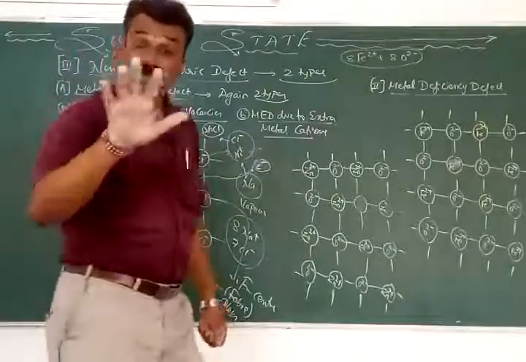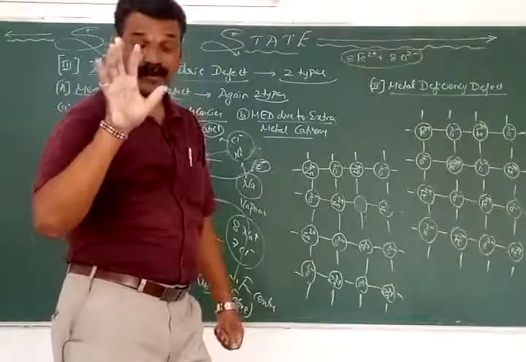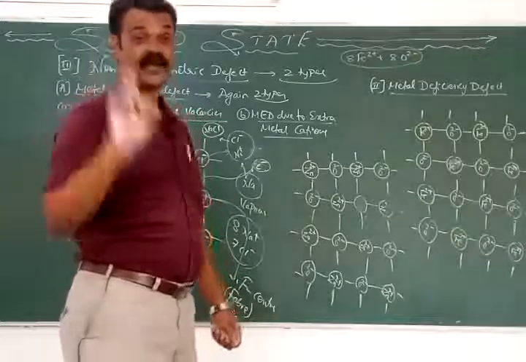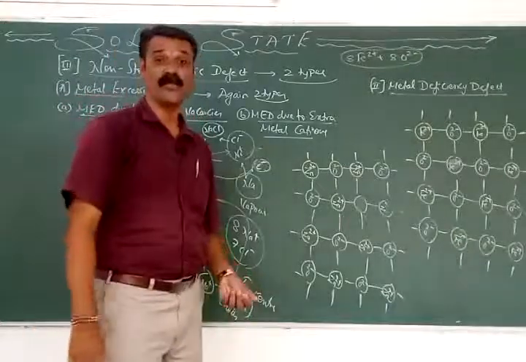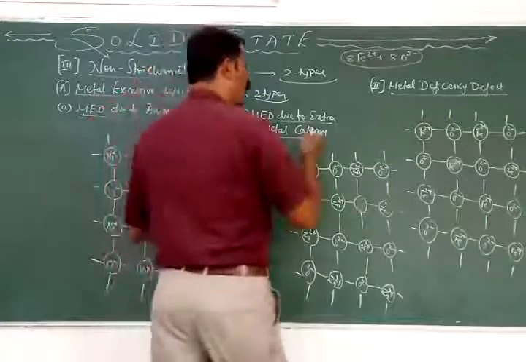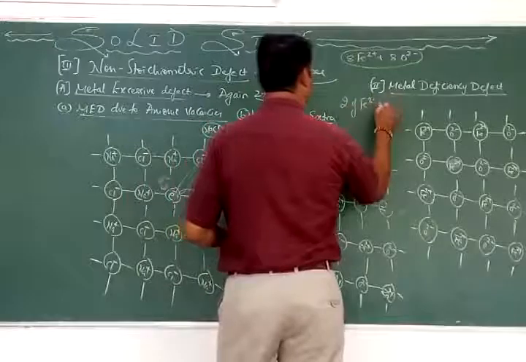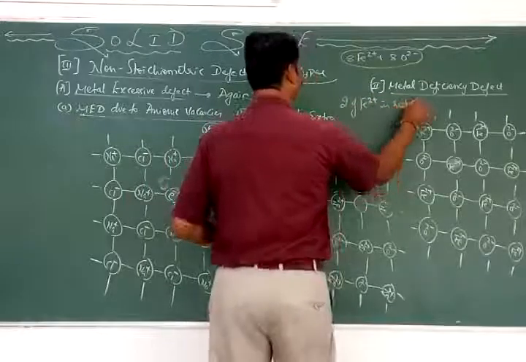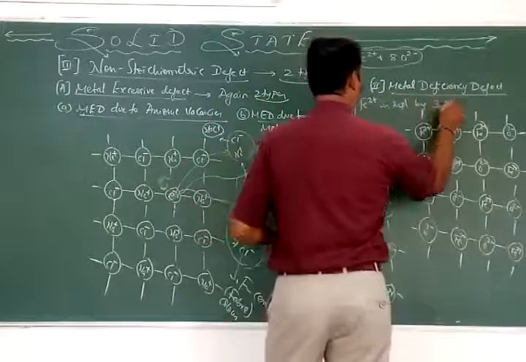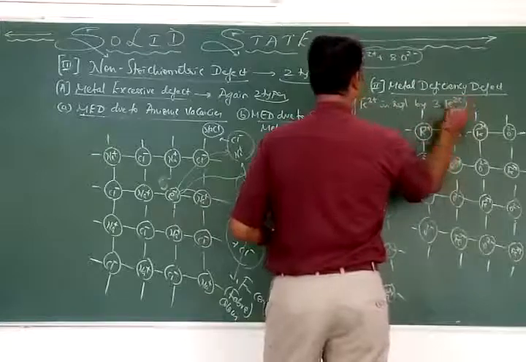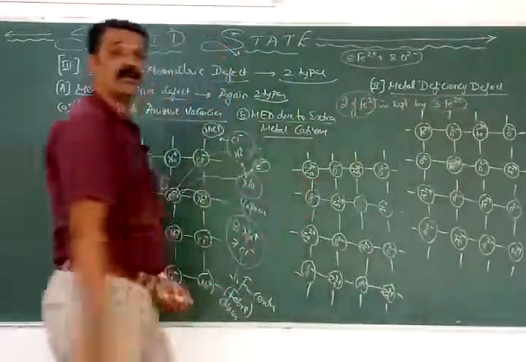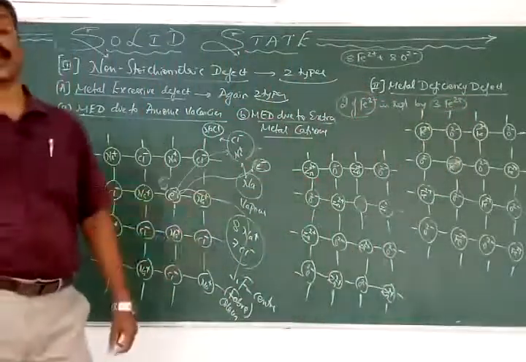But it is not maintaining electrical neutrality, because a given ionic solid has to maintain perfect neutrality. So here 2 of Fe3+ replace 3 of Fe2+. Why? Because we have to maintain electrical neutrality.